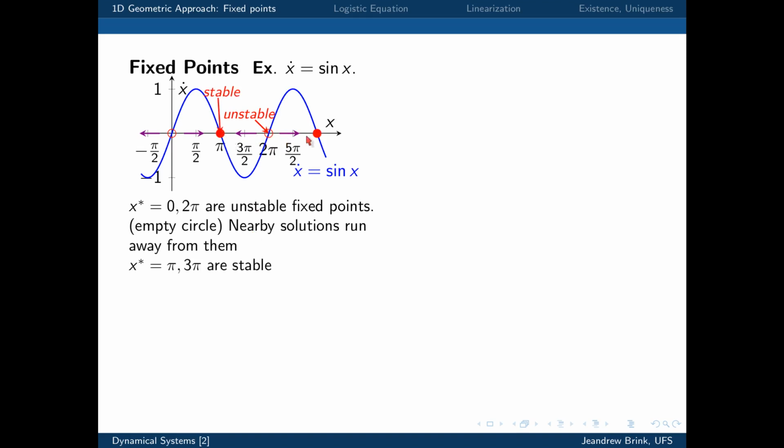These fixed points over here, where the solution runs towards from the arrows, are marked with a solid circle, and they're stable. Whenever you analyze another problem like this, that is basically the convention we use. And these stable fixed points attract the nearby solutions.